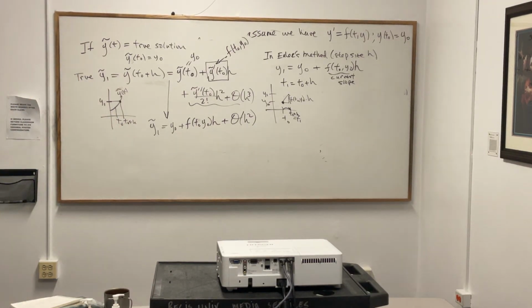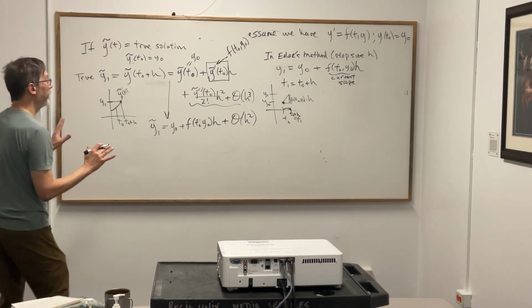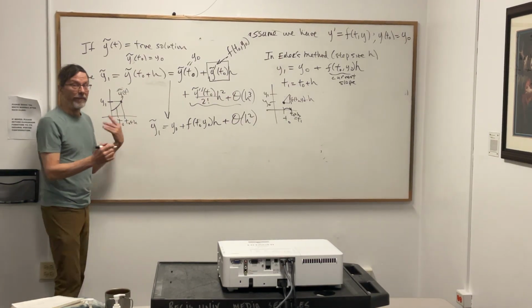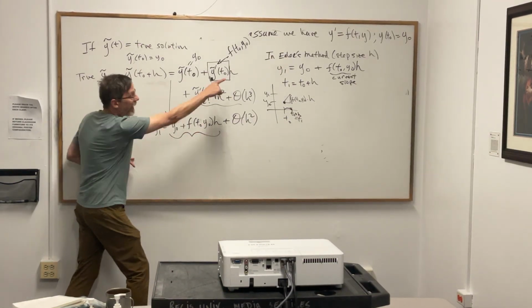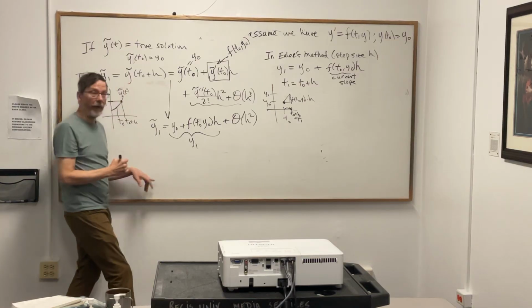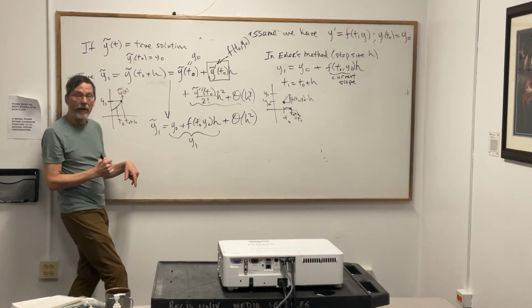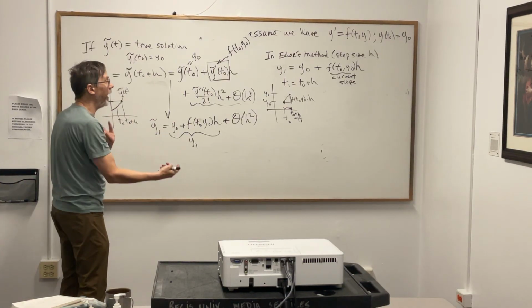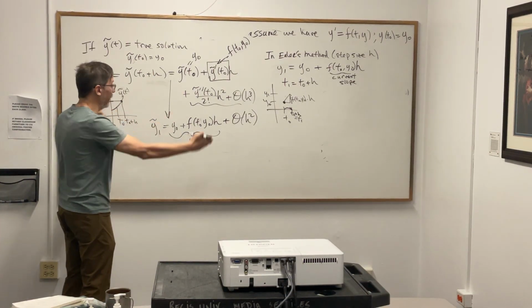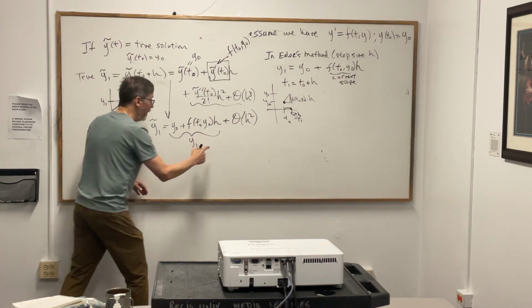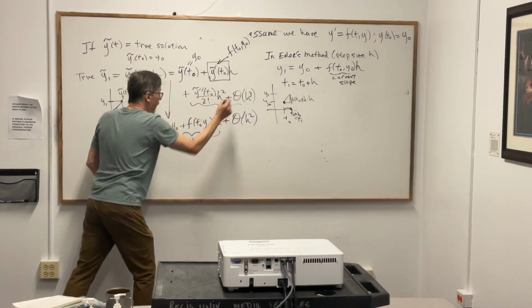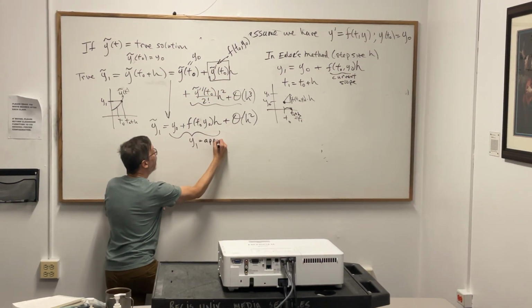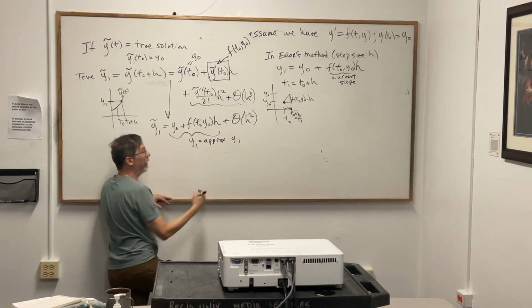Think about what Euler's method is. What do you see in here that resembles Euler's method? This. That is our approximate y1 right there. So Euler's method is really just a truncated Taylor series, where we grab the constant and linear terms of it. So this is the approximate y1 right there.